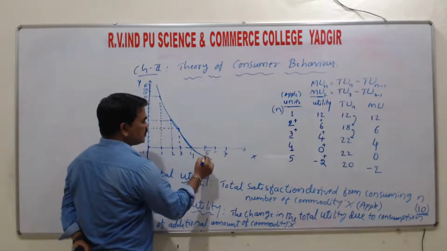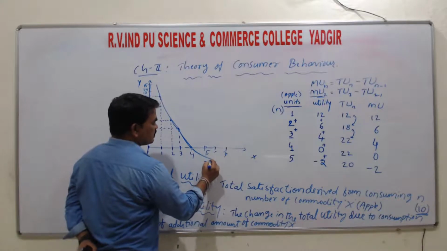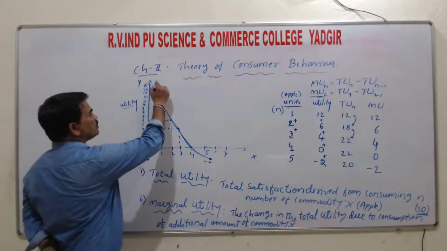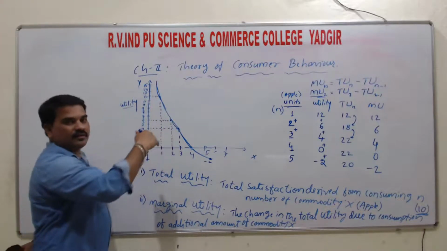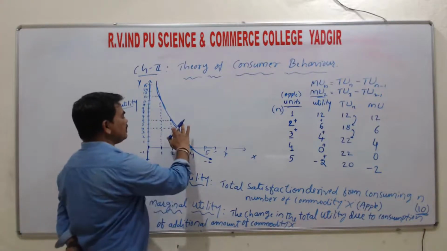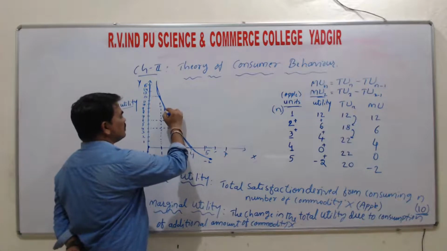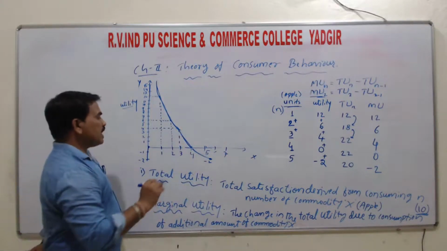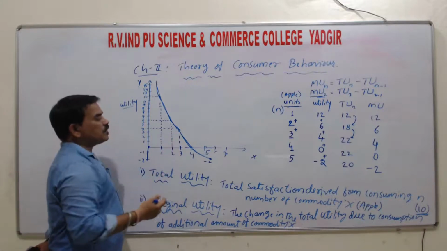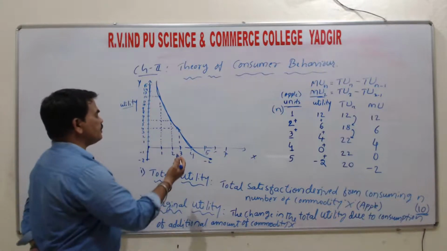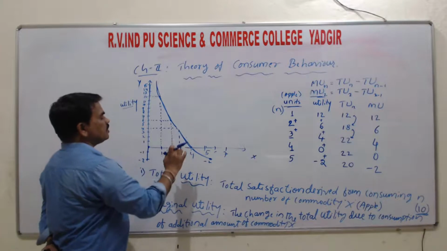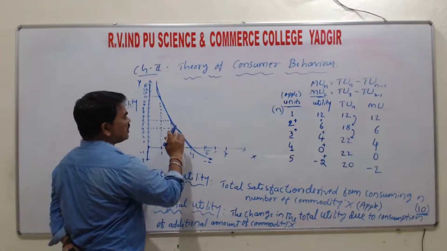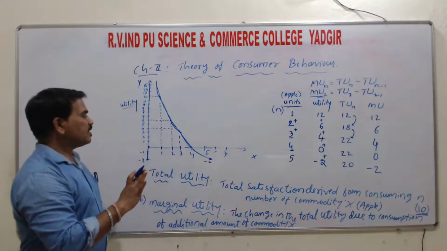If for the fourth it is 0, and for the fifth it is minus 2. Okay. You can draw it very neatly using the scale and all. But here you can understand one thing, and again you can expect a question in exams. How does this marginal utility curve look like?